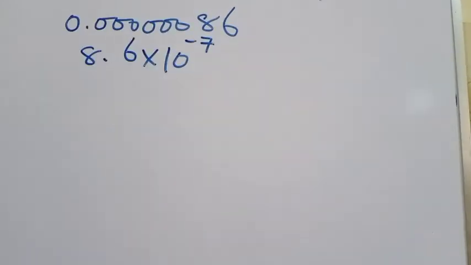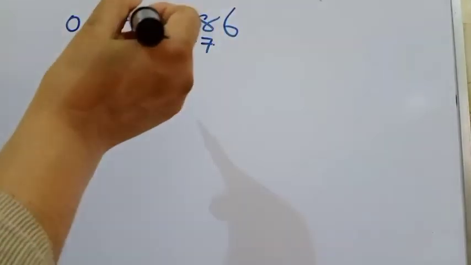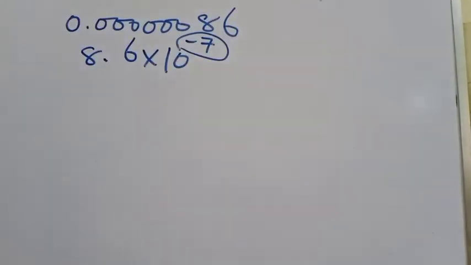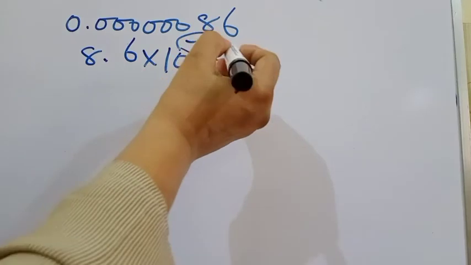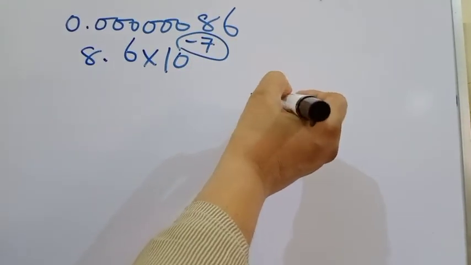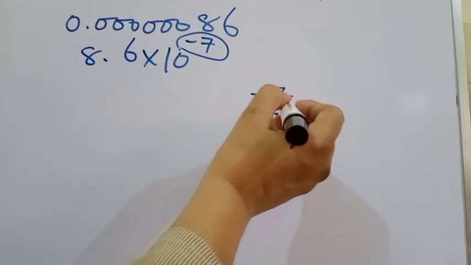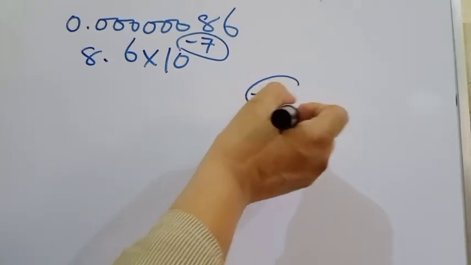Note that this exponent is negative. A positive exponent shows repeated multiplication and a negative exponent shows repeated division. This is the difference between a negative and a positive exponent: positive means multiplication and negative means division.